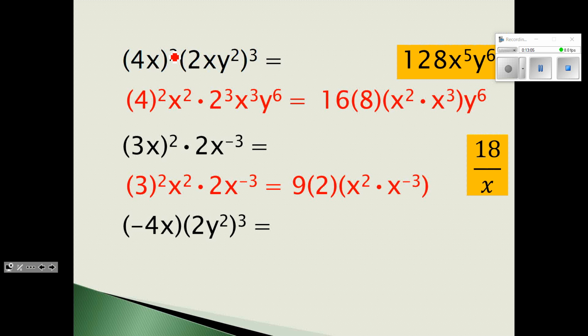In the first set of parentheses, we do not have an exponent here, so we just have negative 4x. In the second set of parentheses, we have to apply the 3 exponent to each, so we have 2 cubed, which is 8, and we have y squared raised to the third, which would be y to the sixth. Now with our commutative property, we can group together the negative 4 and the 8.